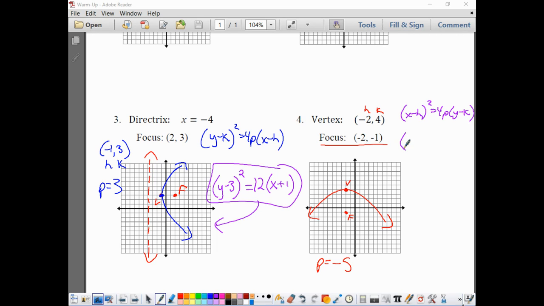So we're going to do x minus our h. Our h is -2, so it'd be x plus 2 squared equal to 4 times our p-value is -5, so that would be -20. And then y minus k is 4, so y minus 4 would be your answer.